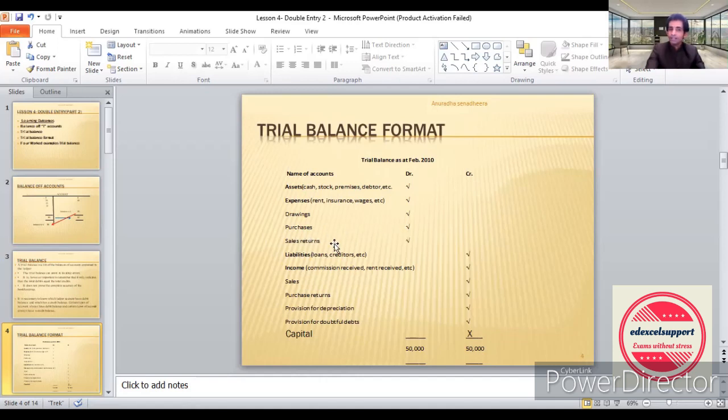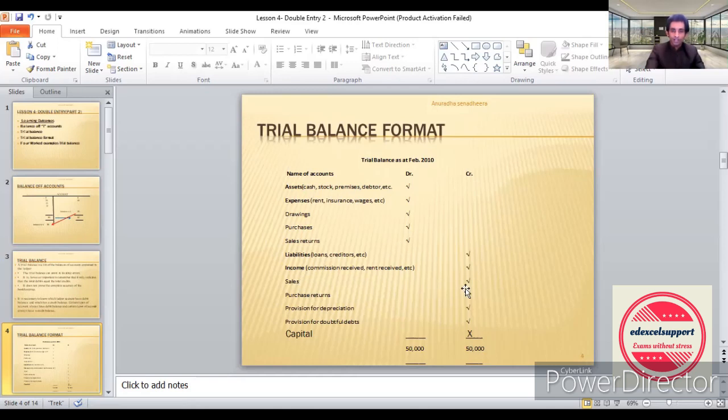Now, another name for sales return is return inwards. You know sales is an income, but when a sales return happens, income is reduced. Therefore, it is debited.